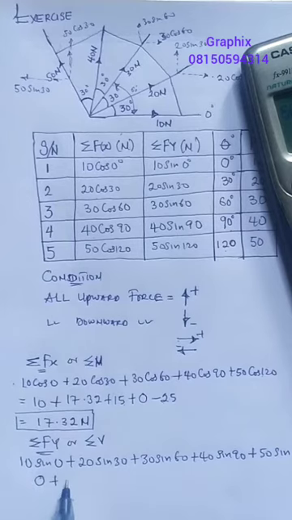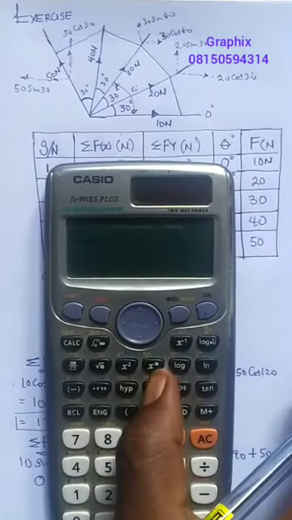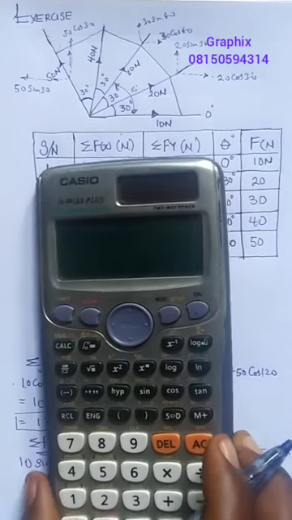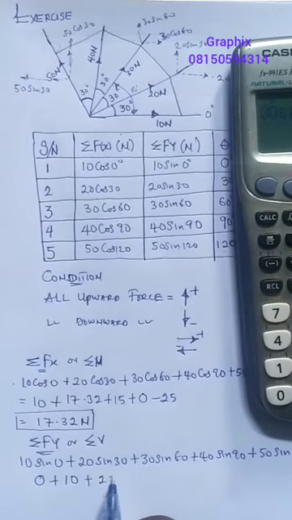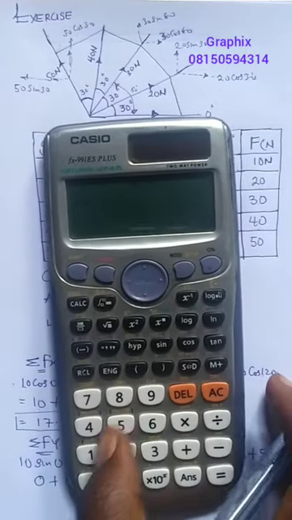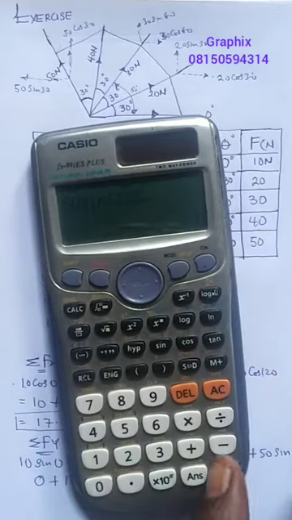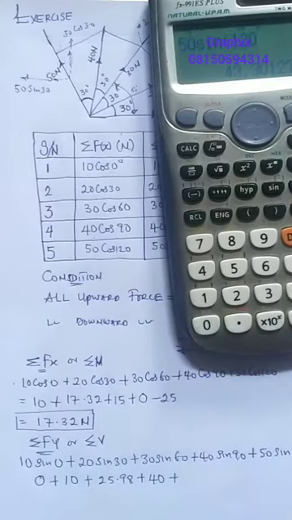Plus 20 sine 30 is 10. Plus 30 sine 60 is 25.98. 25.98 plus 40 sine 90 is 40, plus 50 sine 120, which is 43.30.